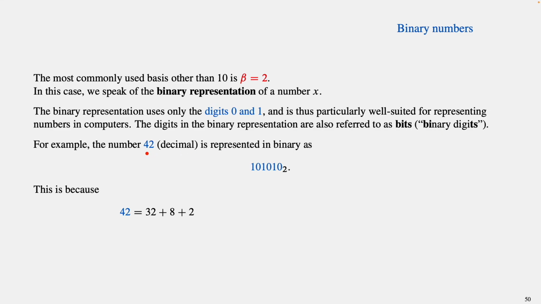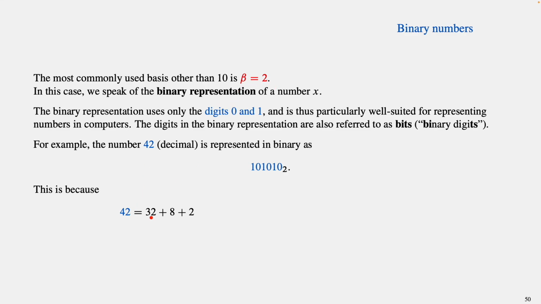For example, the number 42 in decimal representation is represented like this in binary. So here, as I said, I write the base 2 as an index to make clear this is a binary representation. And this is 101010 in binary. And why is that the case? Well, we decompose the number 42 into a sum of powers of the base 2.